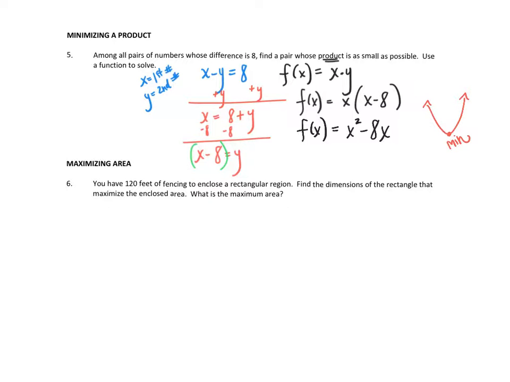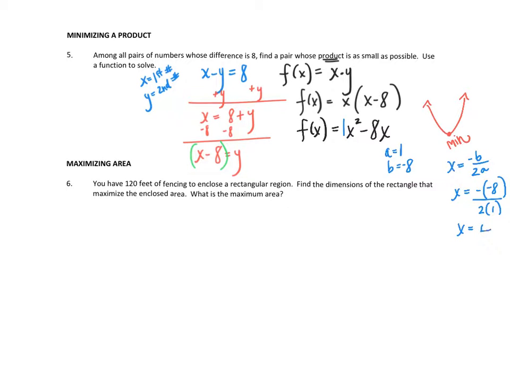So my vertex, I can use the axis of symmetry, x equals negative b over 2a, to find the x portion. So my a here is 1, and my b is negative 8. So I'm going to say x equals negative, the opposite of negative 8, over 2 times 1.